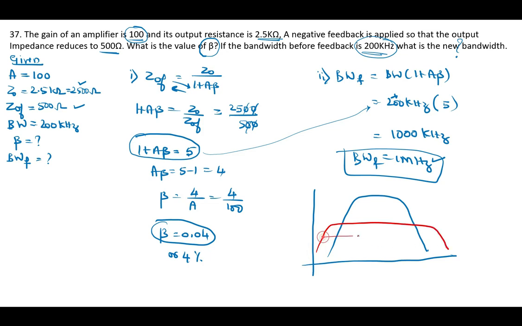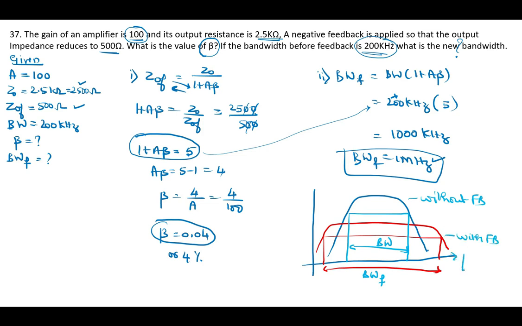So if you calculate the bandwidth with feedback, this will be from here to here, whereas bandwidth without feedback is up to here. This is without feedback. This is with feedback. This is frequency. This is gain. So this is for the second problem.